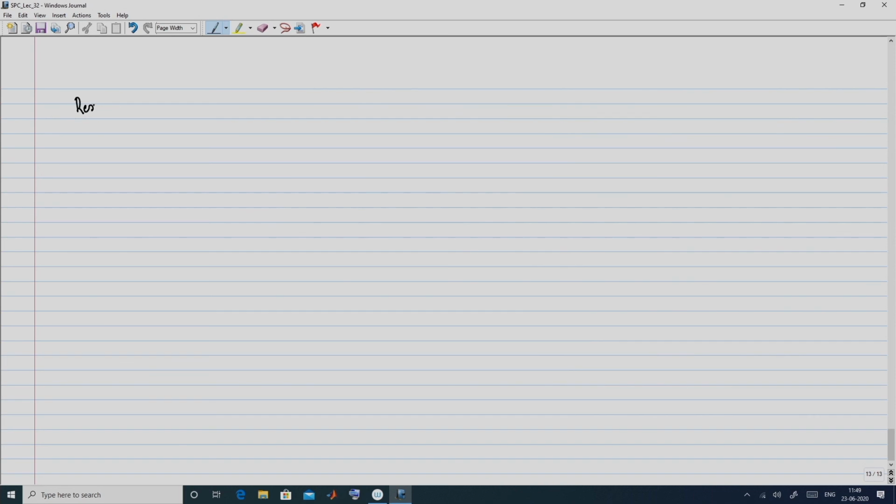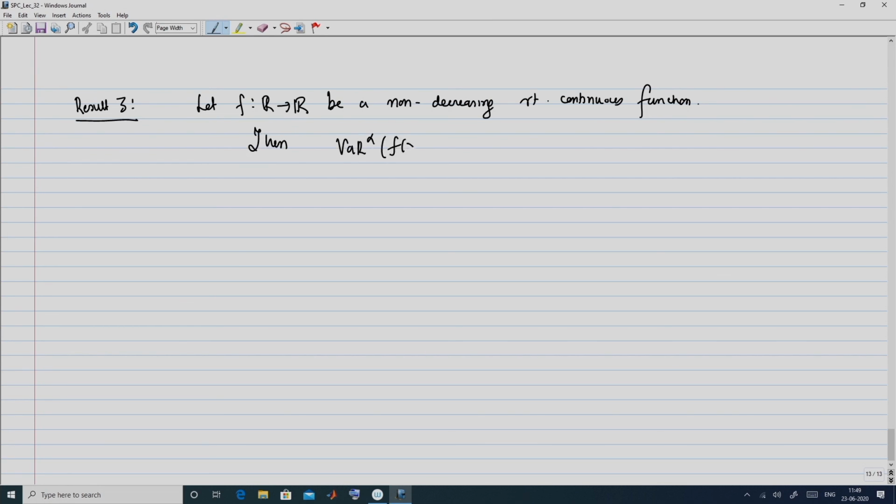So, we just have a last brief result which says that let f from R to R, that is a real valued function, be a non-decreasing, continuous function, then VaR alpha of f of X is going to be minus f of q alpha of X. And the proof for this is extremely straightforward.